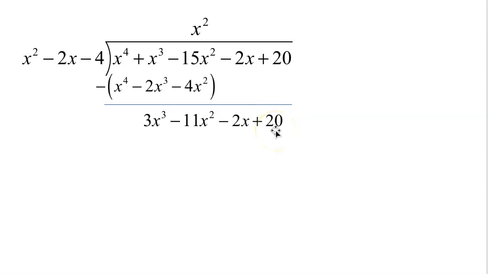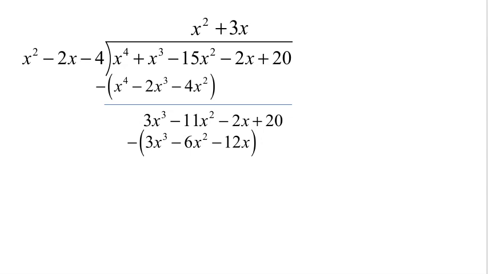Next, we divide leading terms again. 3x cubed divided by x squared would be 3x. 3x times x squared is 3x cubed. 3x times negative 2x, negative 6x squared. 3x times negative 4, negative 12x.